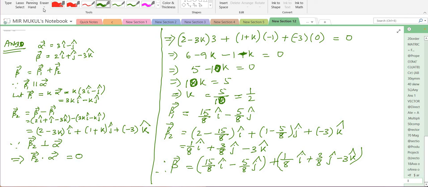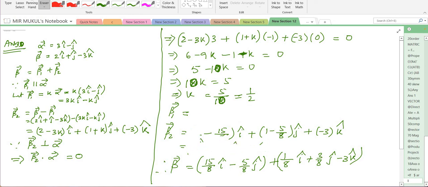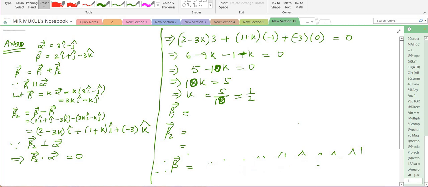This part of the calculation I'm changing, please correct it.